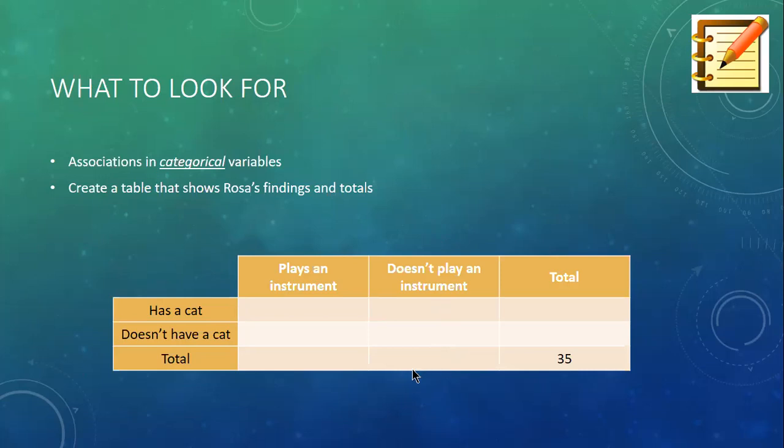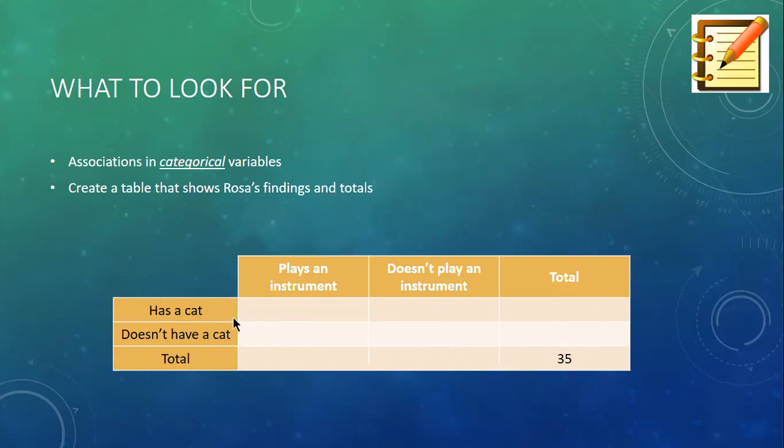And then over here on the rows, I have cat ownership. Has a cat, that would be yes, I own a cat. Doesn't have a cat would mean no, I don't own a cat. And then notice we have a column that says total, and we have a row that says total.